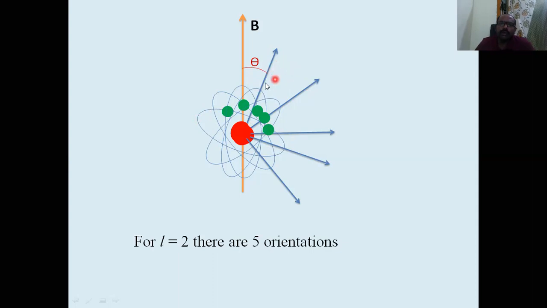So this L bar will vary. That means there are discrete directions, not continuous directions. It may be in this direction, or it may suddenly shift to this direction, or this direction, or this direction, and this direction.